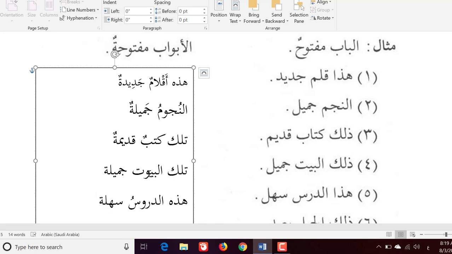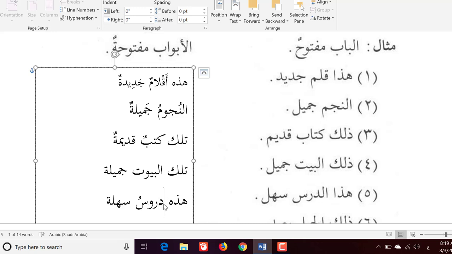If it was these are easy lessons, it would be هذه, take off the alif lam, هذه دروس سهلة. These are easy lessons, and this would have to be durusun. Okay, but if we say هذه الدروس, then we're saying these lessons. These lessons are easy. Good.